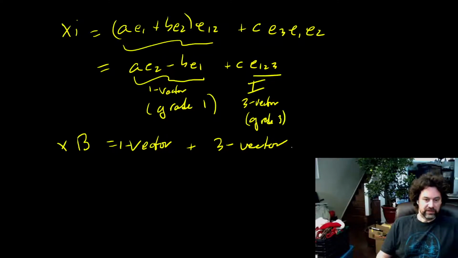So we get a 1 vector plus a 3 vector. And we write that as x dot b plus x wedge b. So x dot b means the 1 vector component of xb, and x wedge b means the 3 vector component of xb, if it exists. This 3 vector term will be 0 if x lies entirely in the plane of b.